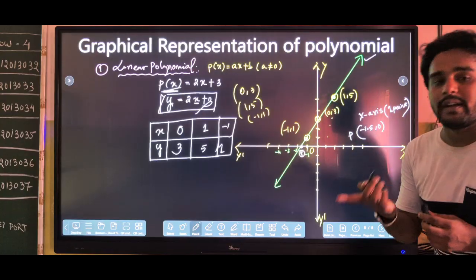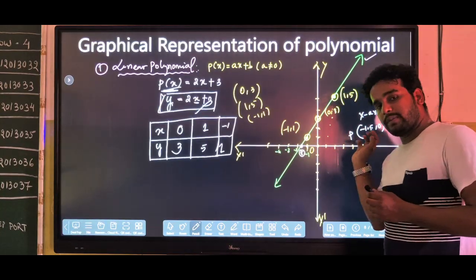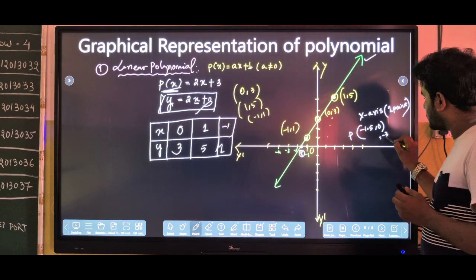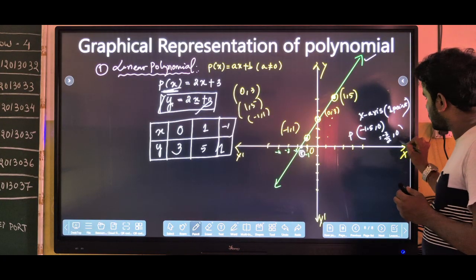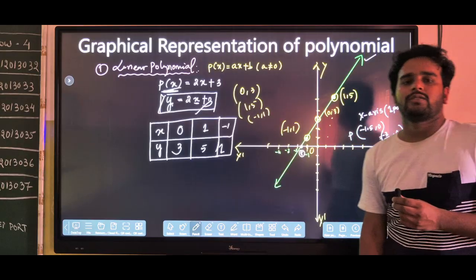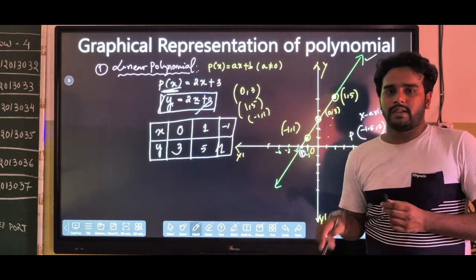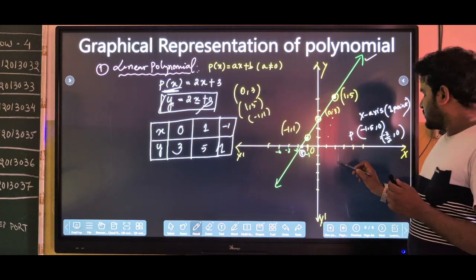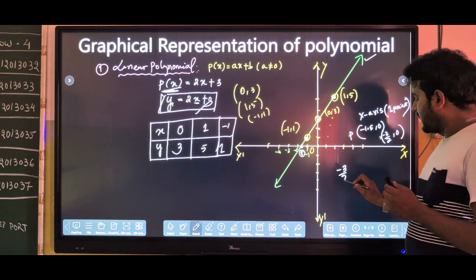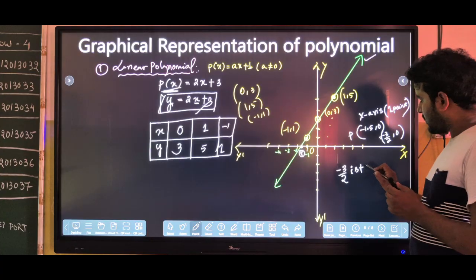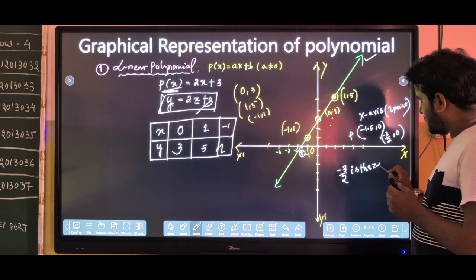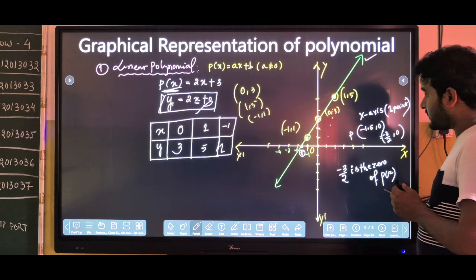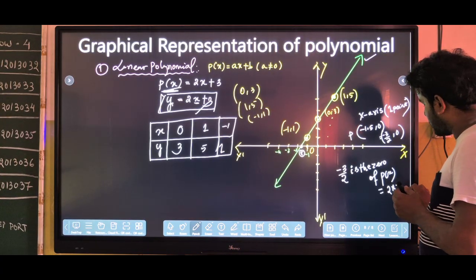On the graph paper, you will get the better result. So minus 1.5 means minus 3 by 2, 0. So your minus 3 by 2 is termed as the zero of the polynomial 2x plus 3.